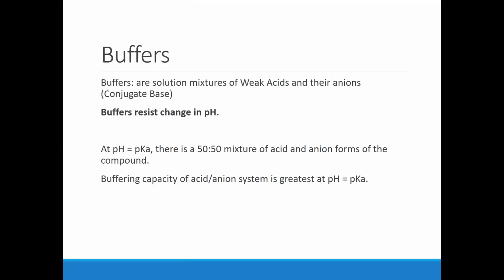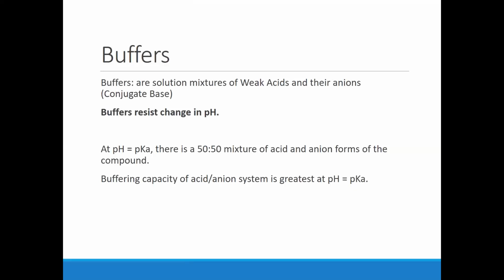Now, when you make a buffer, at the pH equal to its pKa, you know that there is a 50-50 mixture of the acid and the ion, the conjugate base, essentially.